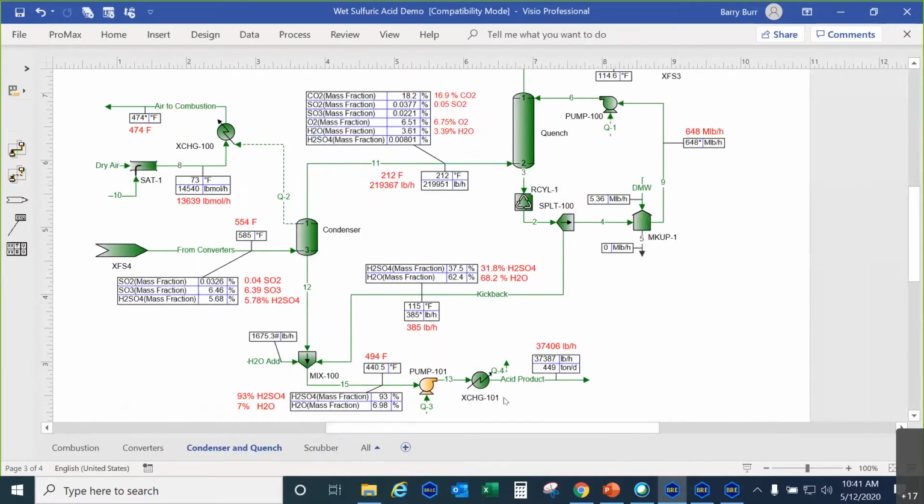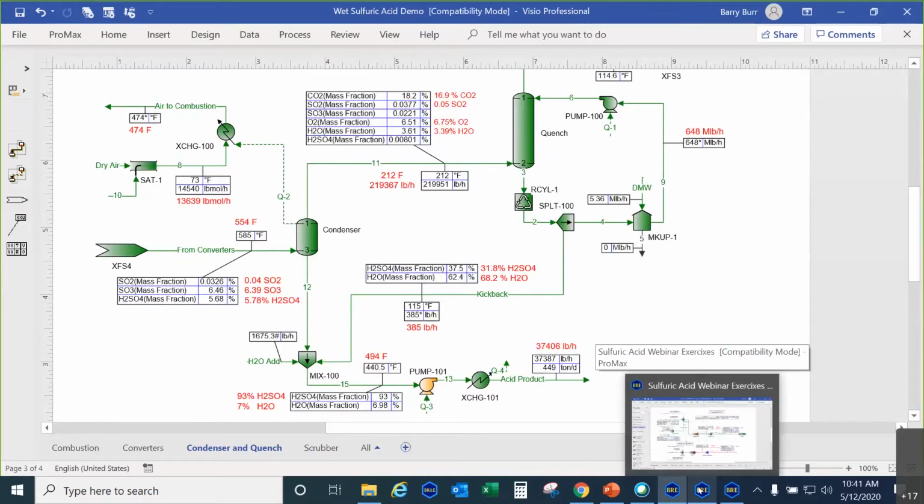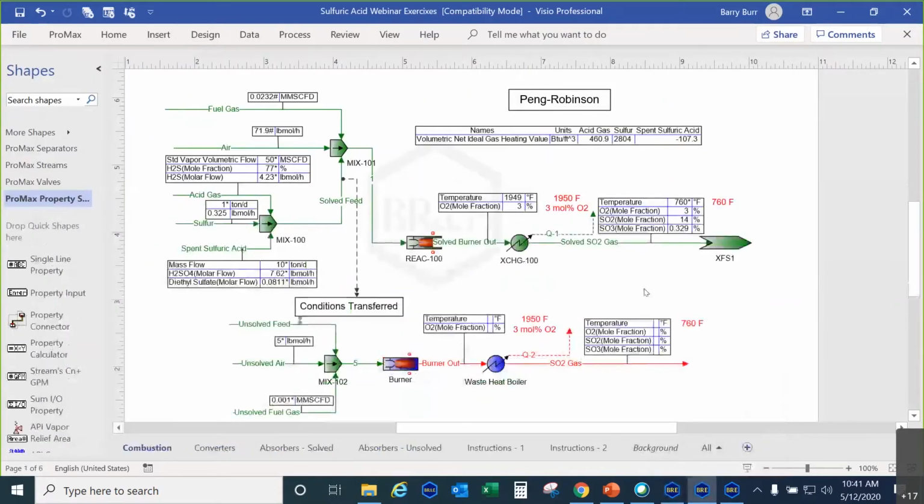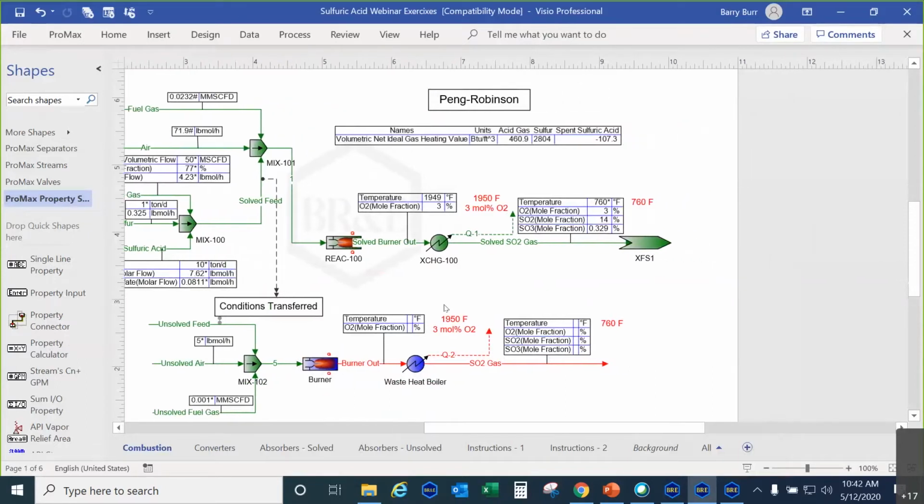Do I have any questions about that? Okay, so now I'm going to go. I've showed you most of the things that I'll talk about in the next example, but these are 3 different exercises I'm going to go through step by step to show you how to build the things that I find to be relevant or kind of unique for sulfuric acid production simulation.